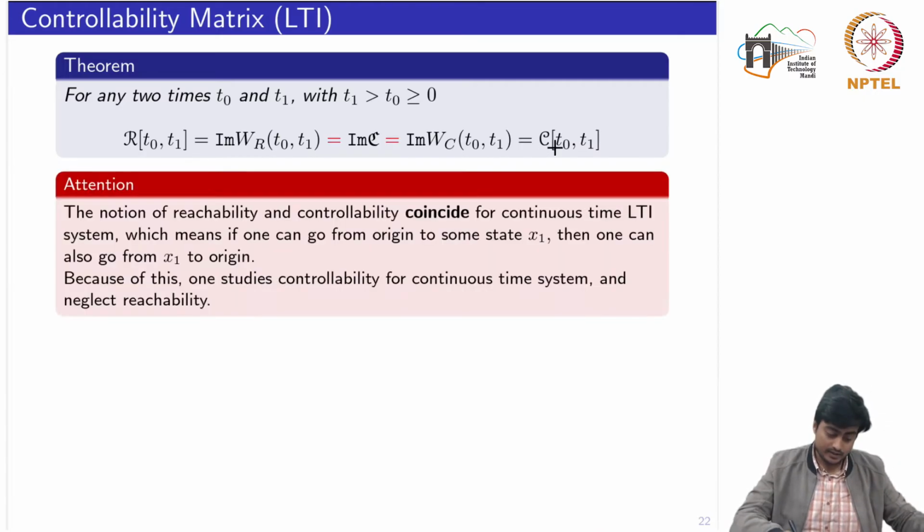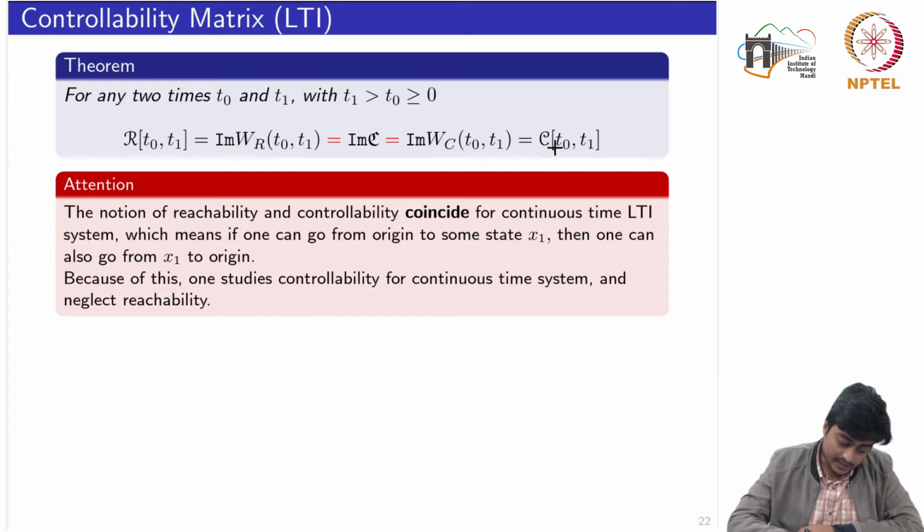Why? It tells us many things. First of all, you see these two equal signs, which are here denoted in red. So this notion of reachability and controllability, at least for the LTI system, coincide with each other. Meaning to say, I can show either the reachability or the controllability, and both remain the same.